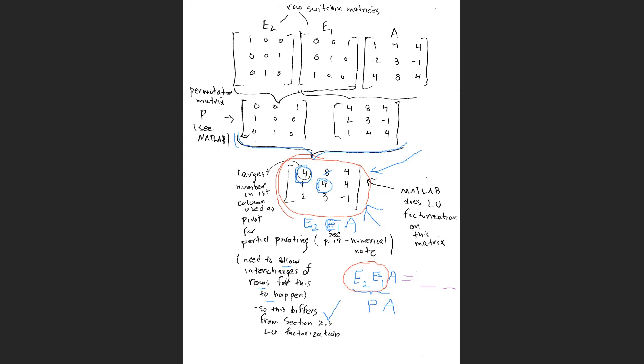Well, it's a matrix factorization. We want to do a matrix factorization. A is going to equal the product of two matrices. What do we want those two matrices to be? I need two letters.